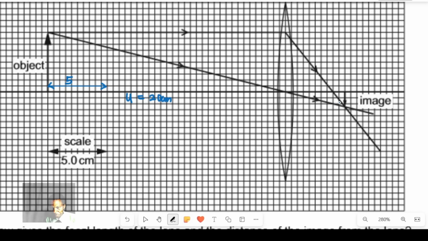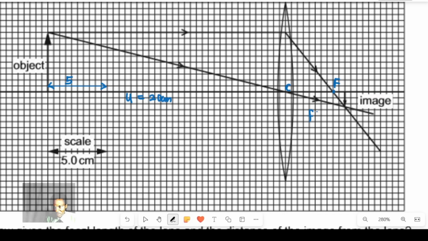But now, from here, this is the focus. Because a ray parallel to the principal axis, after refraction through the lens, is refracted through the focus. If you look at the focus, from the optical center C to F, that is the focal length.